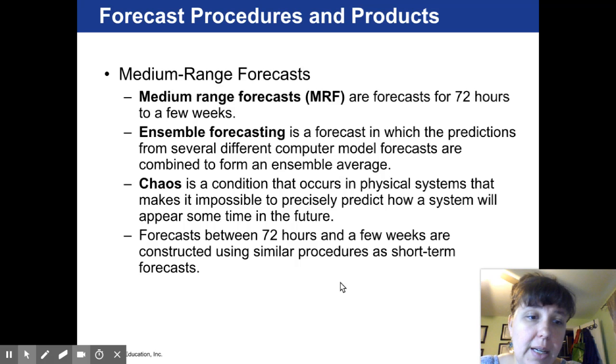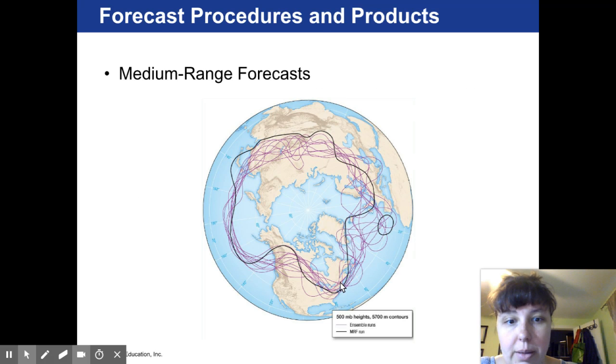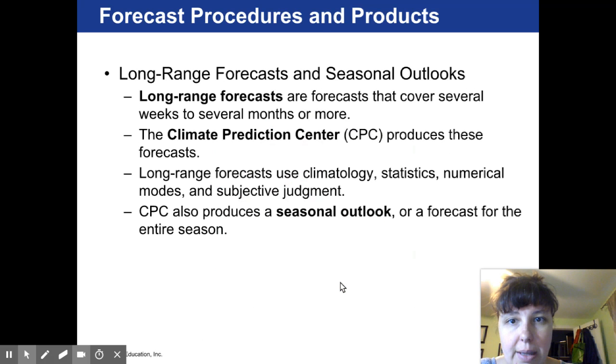So if I look today, I can see what is going on next Saturday, for example. This tends to work really well, but obviously it's subject to change, and there's a lot of inaccuracy when I'm trying to predict for one region that far out in the future. But here's an example of medium range forecasts.